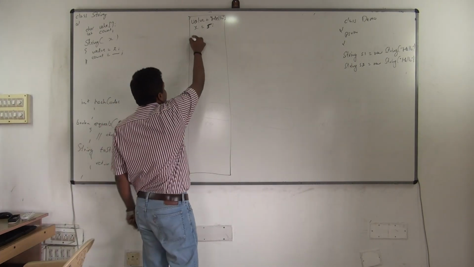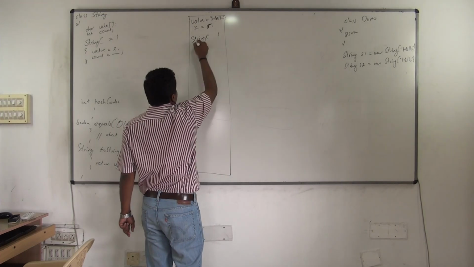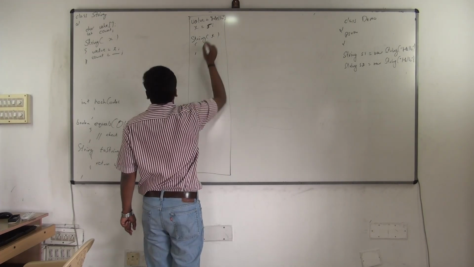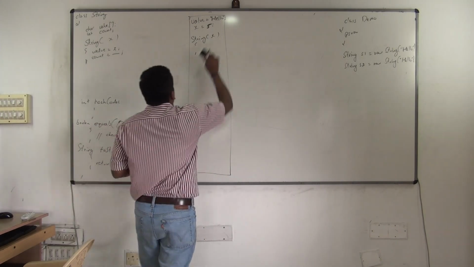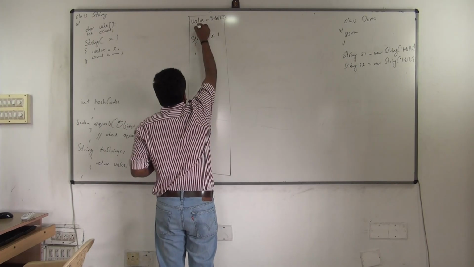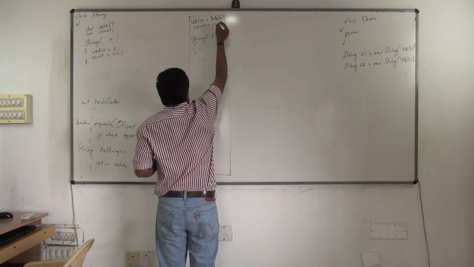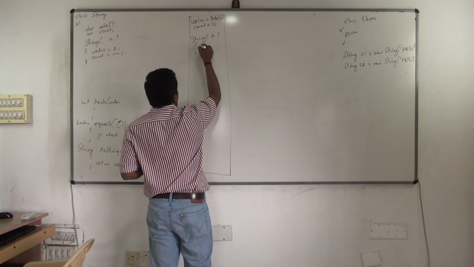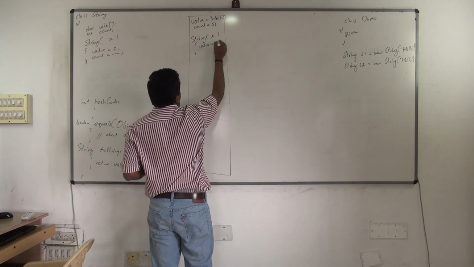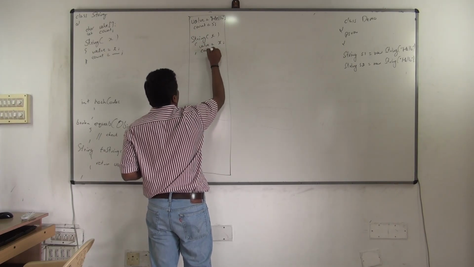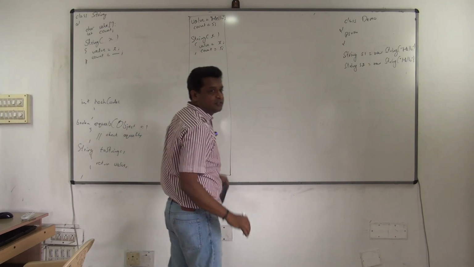When you create the object, see, this is a constructor. This constructor will execute, and you will pass the value to the variable, count. Now count is equal to 5. As soon as you create the String object, both of them will be initialized. Value is equal to x, and count is equal to, somehow they'll write the logic, calculate the length and store it.